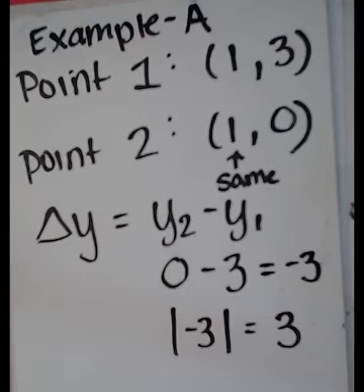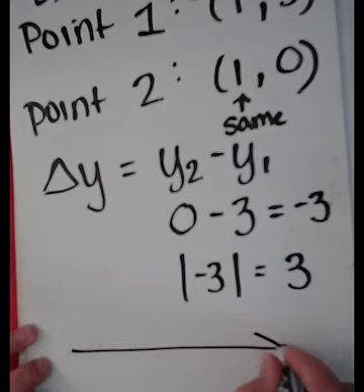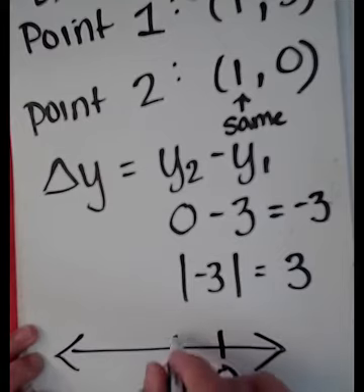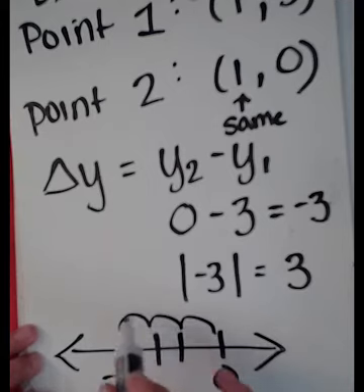The absolute value of -3 is 3. A reminder of why, if we look on a number line, we go -1, 2, 3. Absolute value determines the distance between the number and 0. So the distance between -3 and 0 is 3.